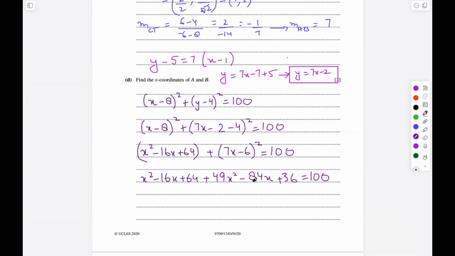So minus 16 minus 84 will become minus 100, and 49 plus 1 will become 50. So this will become 50x squared minus 100x equals 64 plus 36, which is 100.